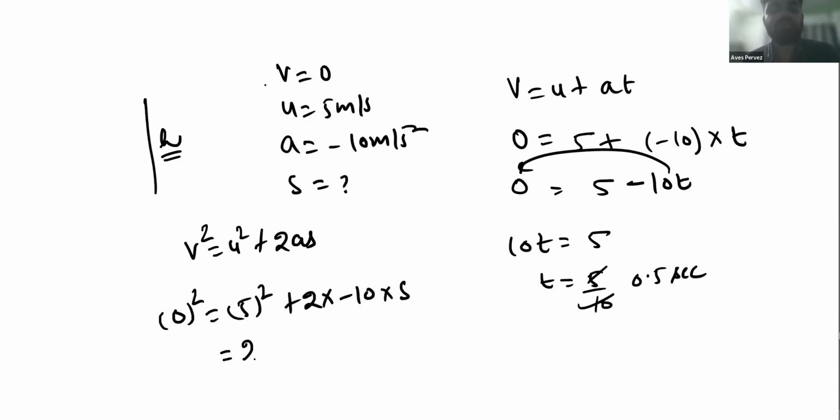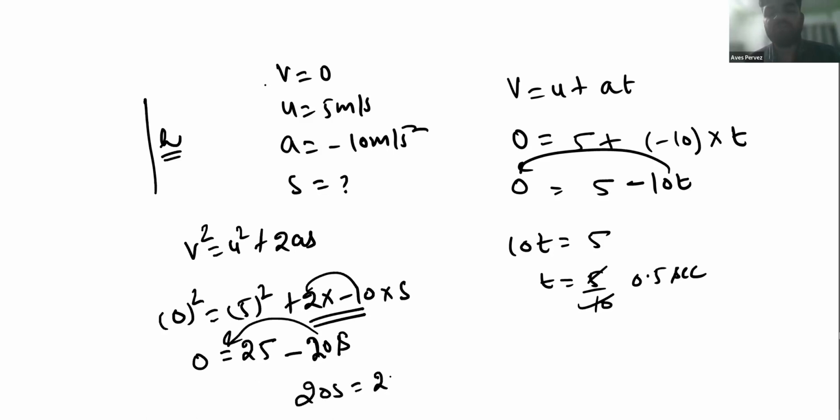Then you will get 5 square is 25 and here minus 20s. 0 square is 0, so 0 is equal to 25 minus 20s. Now this will go to that side, it will become positive. Now 20s is equal to 25.